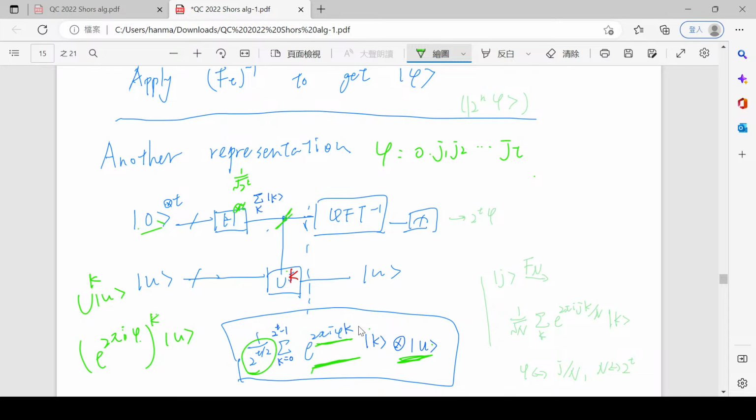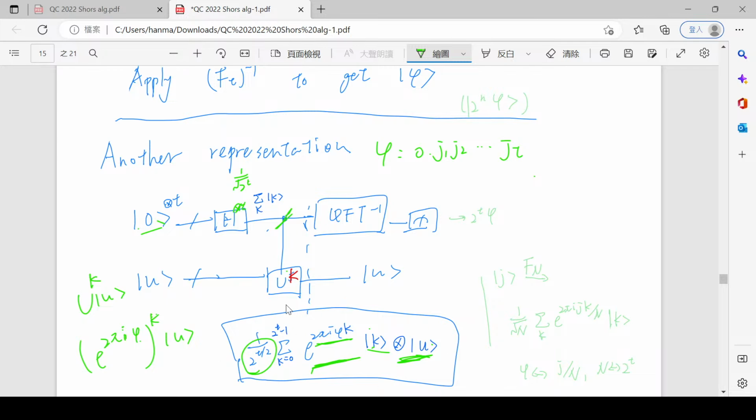So if you have the input state k tensor u, and you apply this T-bit control with u to the k, then you should get this e to the 2 pi i phi k. Then by linearity, you are summing over k, with some amplitude of 1 over root 2 to the t.